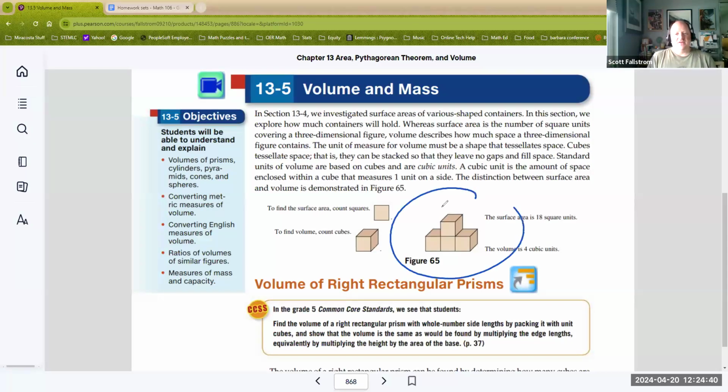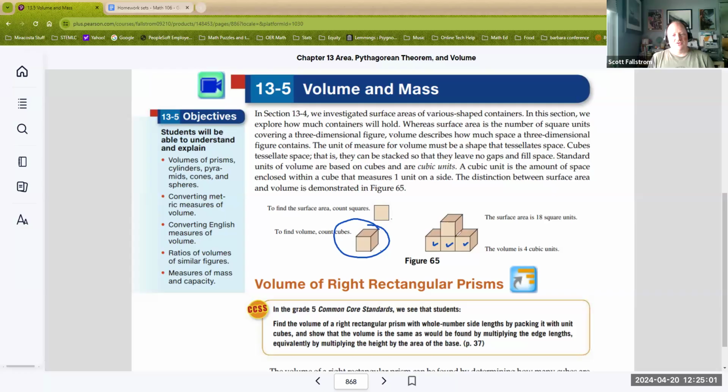So when we start looking at three-dimensional shapes, we can break the shape down into things like surface area, where we're counting squares, like the front part, and then the side parts, the top parts. We're counting all the surfaces. But we could also count volume, which would be measuring cubes.